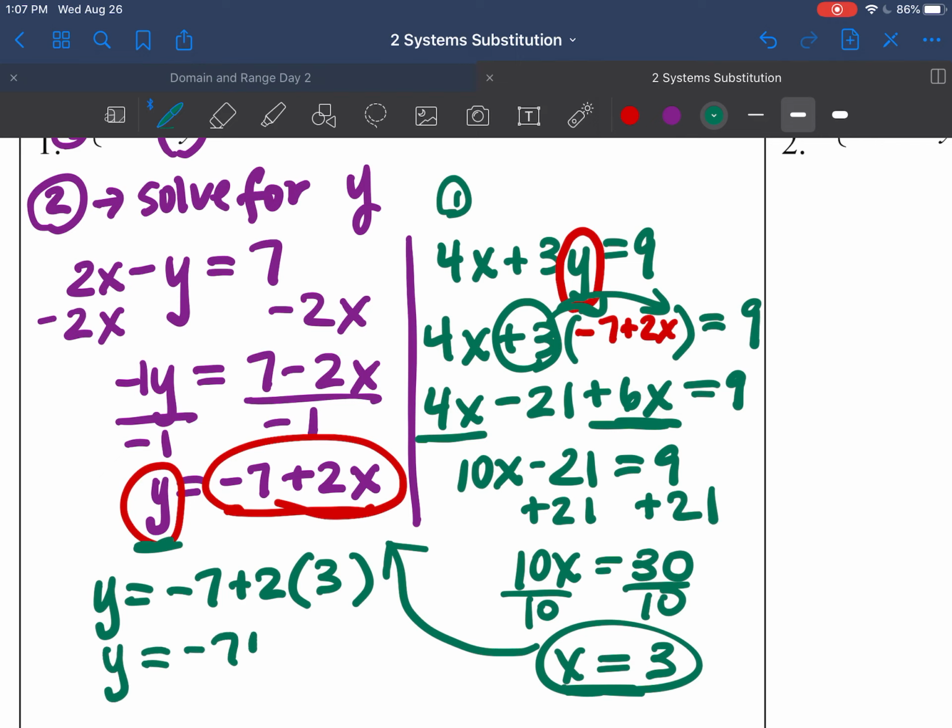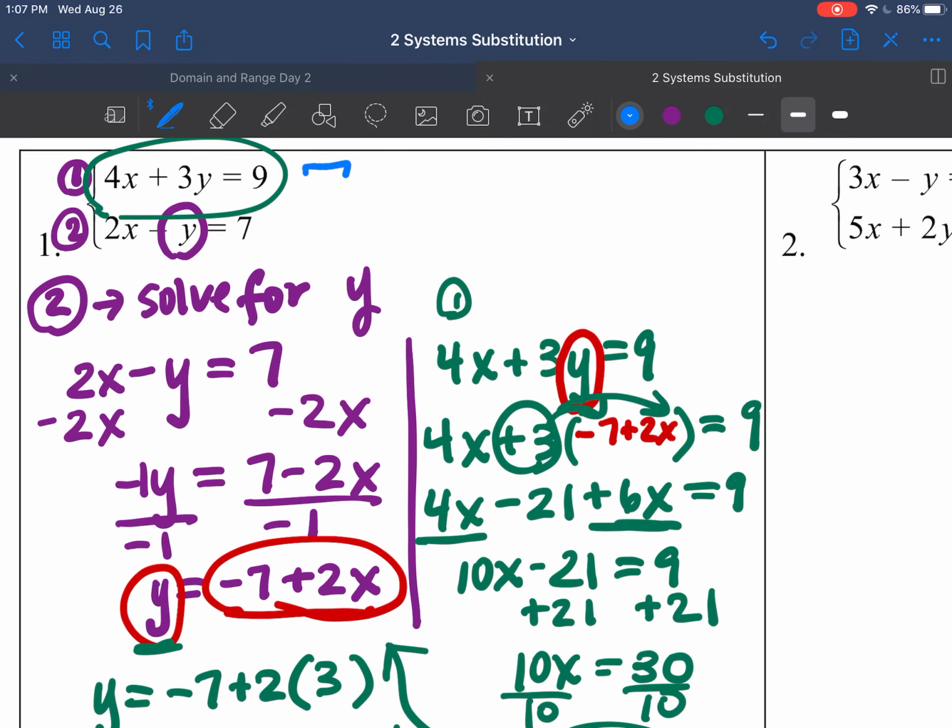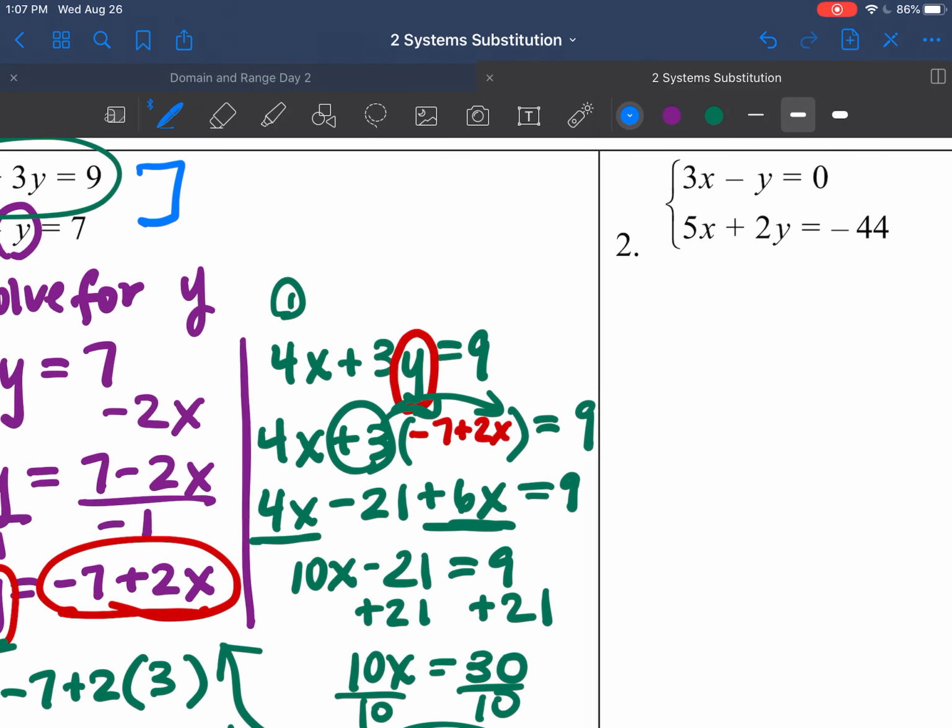So y equals -7 plus 6, which is equal to -1. And so our final answer is 3, -1. The x is 3, y is -1. And so we write our answers as ordered pairs because that is the intersection point of these two lines.